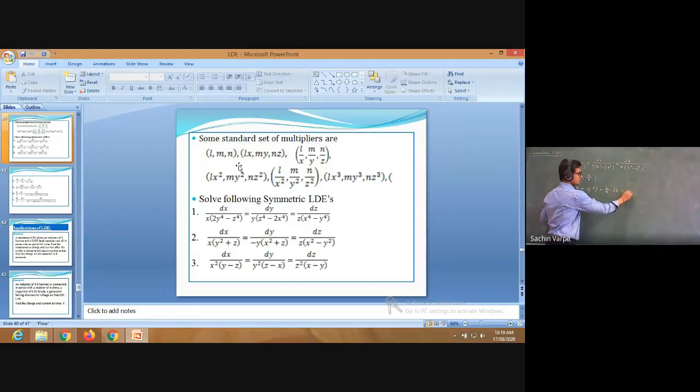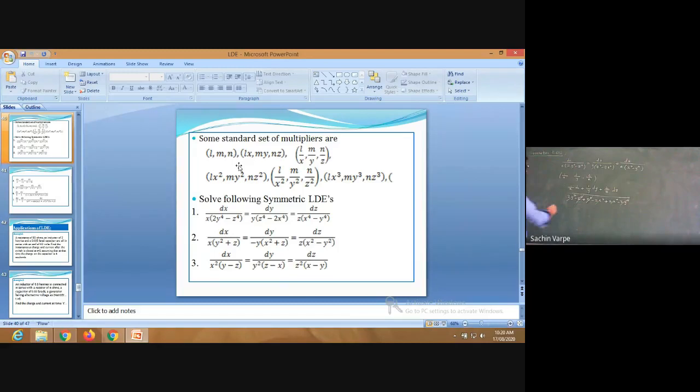That is 2 by z dz equal to 0. Instead of equal to 0, I am writing the denominator by multiplying 1 by x times this, that means 2y raised to 4 minus z raised to 4, plus 1 by y times this, that means z raised to 4 minus 2x raised to 4, plus 2 by z times this, that means 2 times x raised to 4 minus 2y raised to 4. So that is 2y raised to 4 minus z raised to 4 plus z raised to 4 minus 2x raised to 4 plus 2x raised to 4.